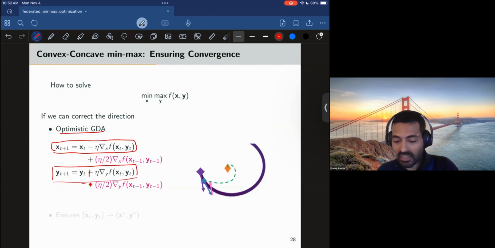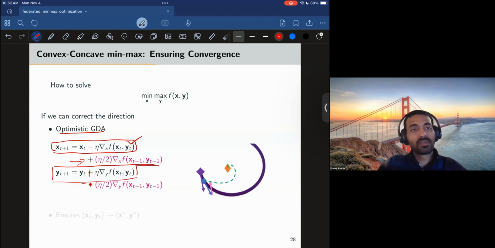What optimistic GDA does is it corrects the direction somewhat. You compute the gradient at the current point, and then it adds a correction. So if you are taking the gradient descent step, rather than just a negative step, it adds a direction which is the gradient computed at the previous point.